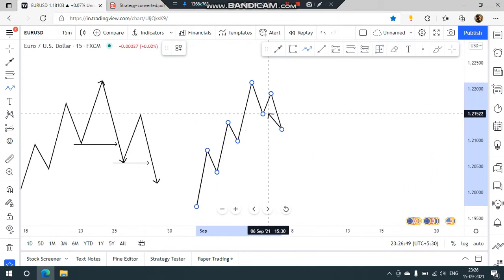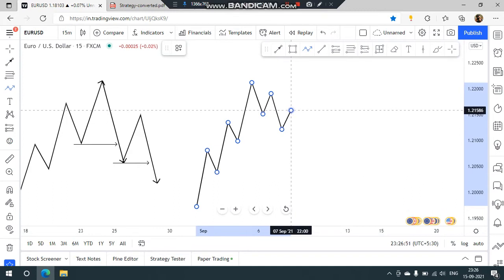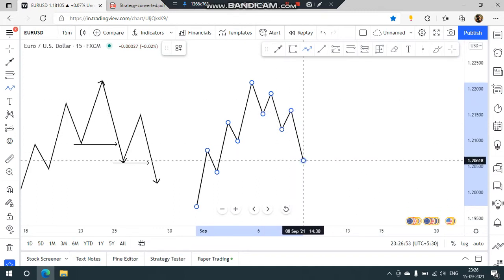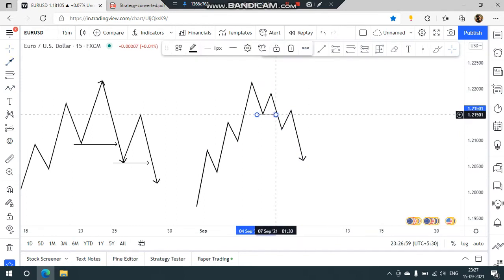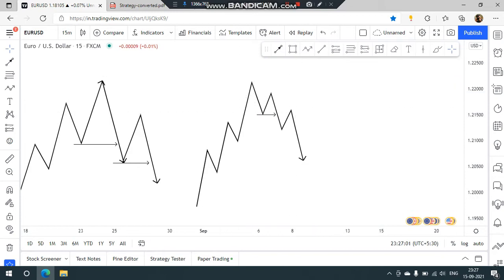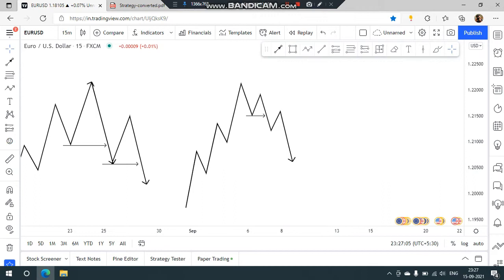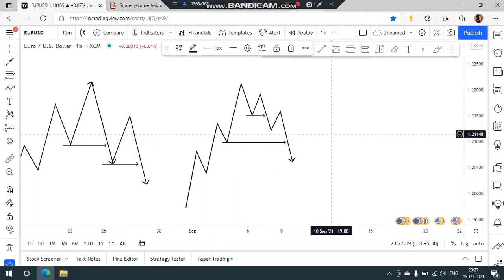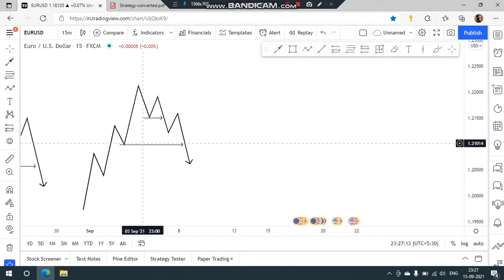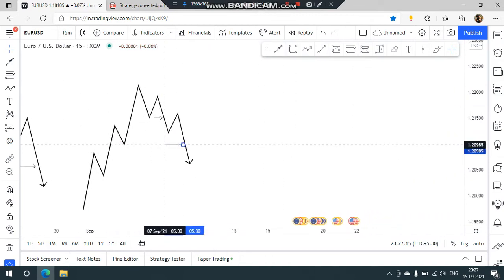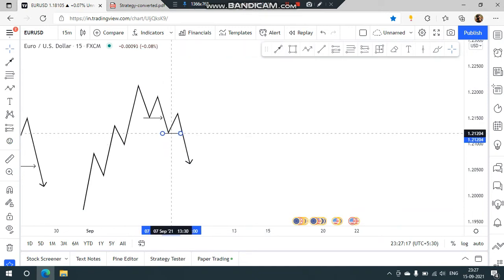Here it broke this structure, formed a corrective move, and then again broke this structure. So here it broke two structures. Suppose first it broke this structure and second it broke this structure.